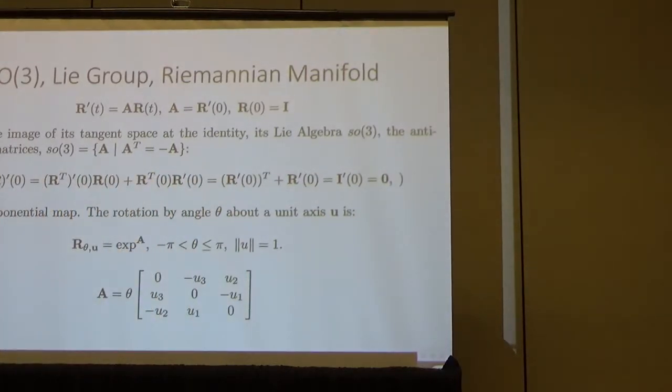And the rotation around unit axis u by angle theta is the exponential. You can really do this term by term by the infinite series for matrices. You get the identity plus this squared plus this cubed. And when you get that, you get actually the Euler-Rodriguez formula. That's literally what we talked about last time.